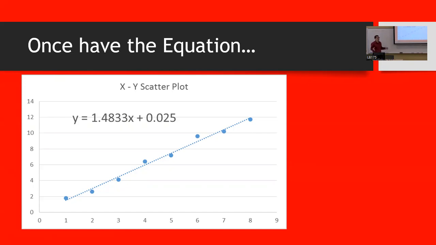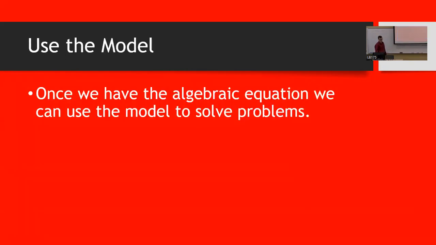So once we have that equation, it's like I have a given model now, the one that was given to me by technology. And therefore, we can solve problems with this model that we've gotten through some technology piece. All right, so once we have the model, we have the algebraic equation, and then it's just like the previous chapter.